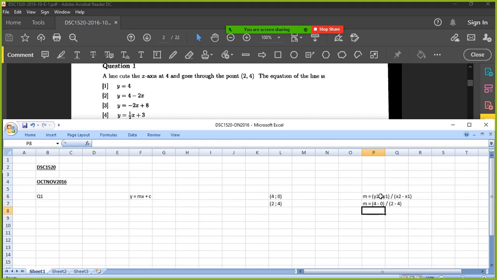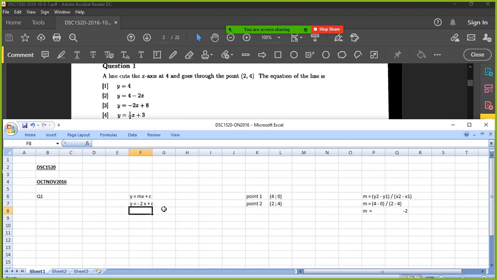I'm using the point I was given as my second point, point 2, and that's point 1. So 4 minus 0 over 2 minus 4 will give you an m value of minus 2.